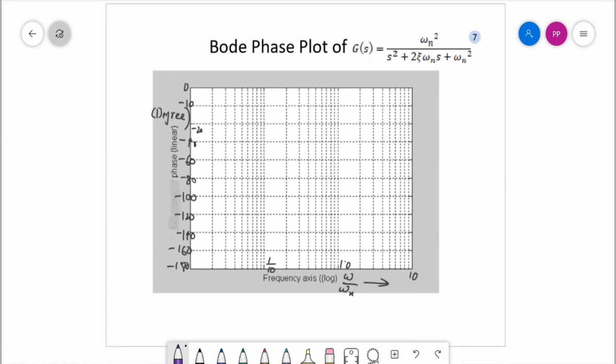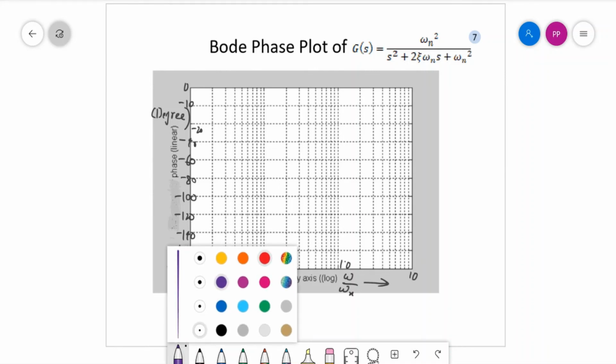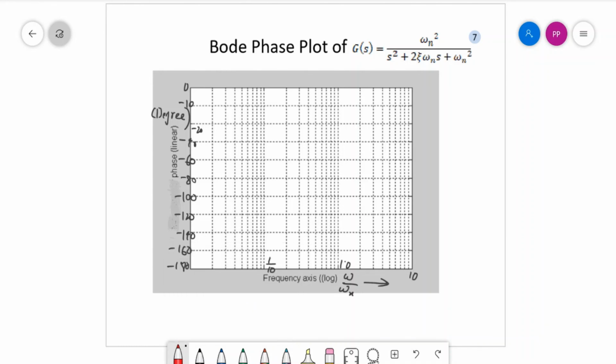If we want to plot it, you have to start at 0. The situation will be like this.